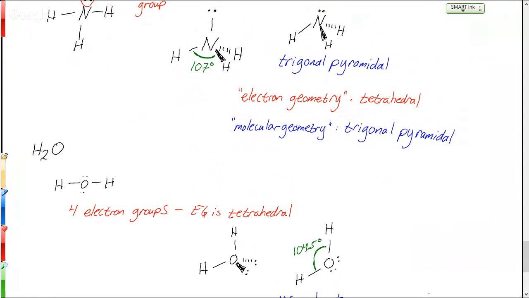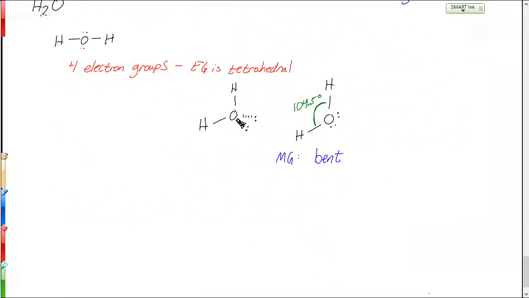Maybe the electrons are interfering with it or something. Yeah, the lone electron pairs are interfering a little bit, and that interference is that they require a little bit more room. So they're going to repel a little bit more strongly than the bonds themselves. Let's sum that up a little bit here. So that lone pair or non-bonding electrons, we can say they take up a bit more room.